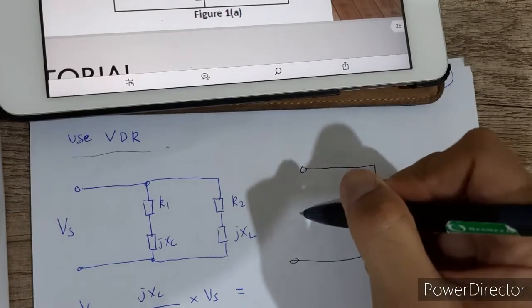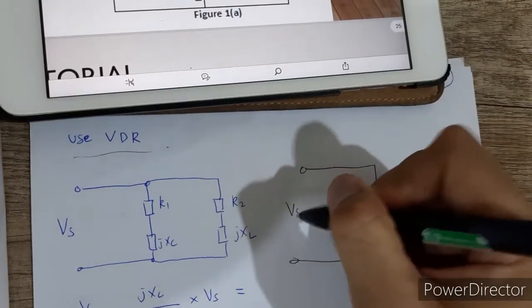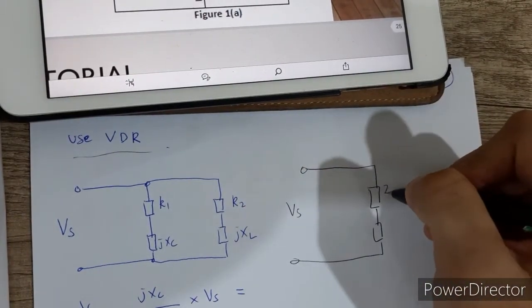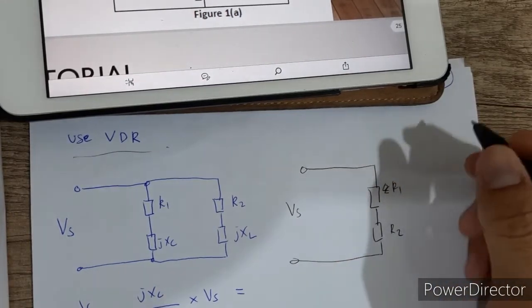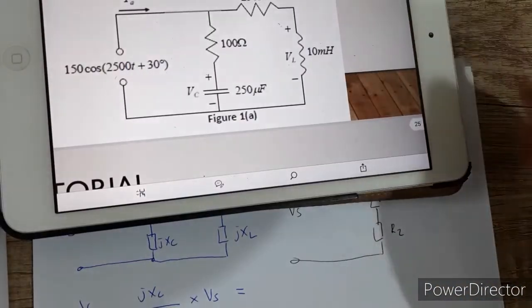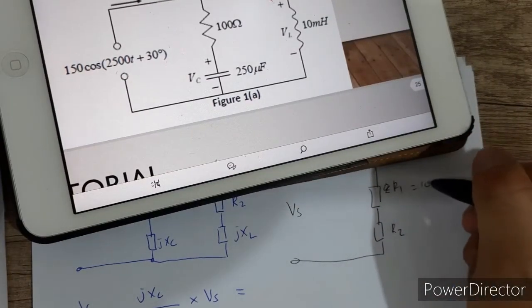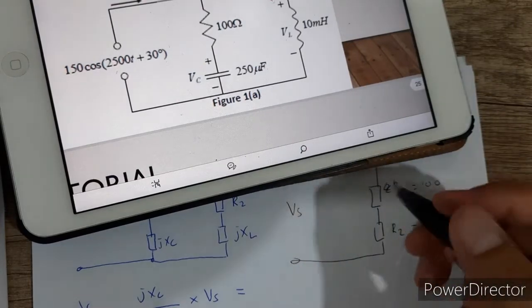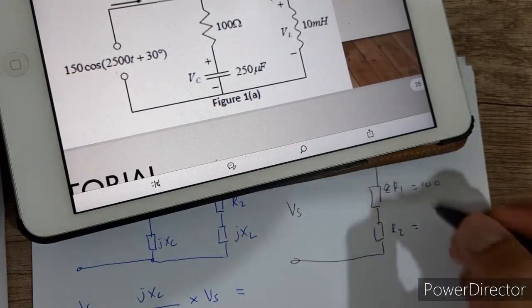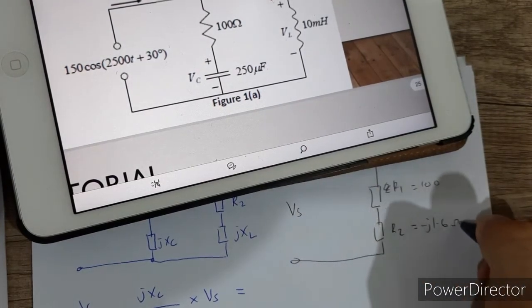We have VS, and then R1 and R2. For this case, R1 is equal to 100 ohm, R2 is negative j 1.6 ohm.